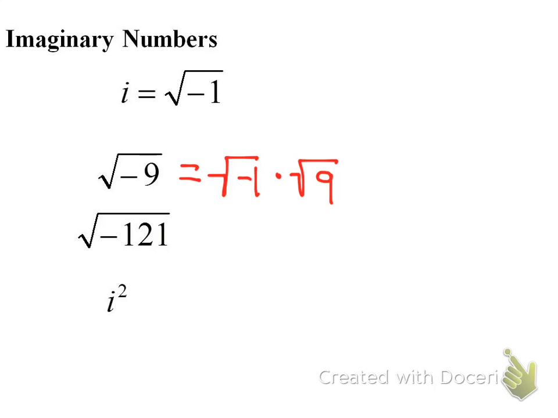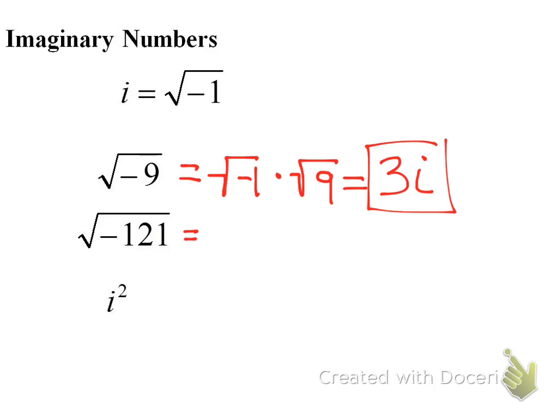Do you guys know the square root of 9? 3. Do we know the square root of -1? i. We just learned that. So the square root of -9, we say, is 3i.